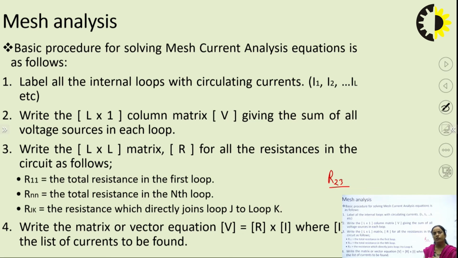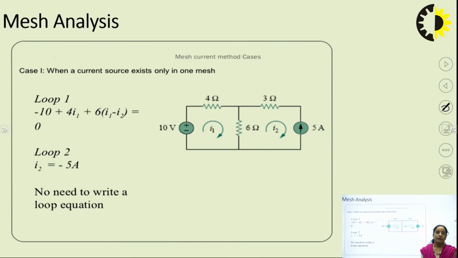Suppose you have to calculate the power through a resistance, and through that resistance current I2 is flowing, then you don't need to calculate I1 and I3, only I2. So I2 square into the value of that resistance gives the power absorbed by that resistance. So this is the advantage. Here in this case the current source exists in only one mesh.